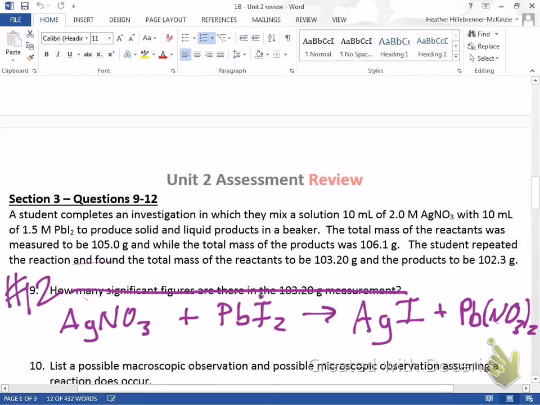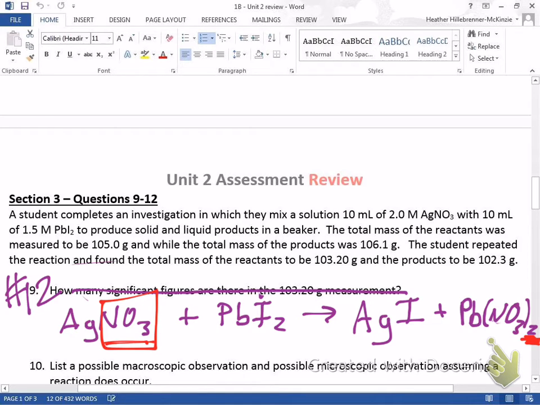How many nitrates do I have on this side? How many do I have here? Nitrate groups, 1. How many do I have over here? 2. I got 2. I have 2. So, what do I need to do?